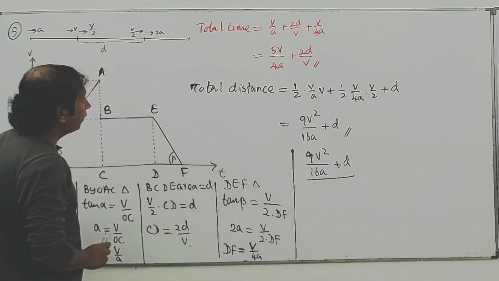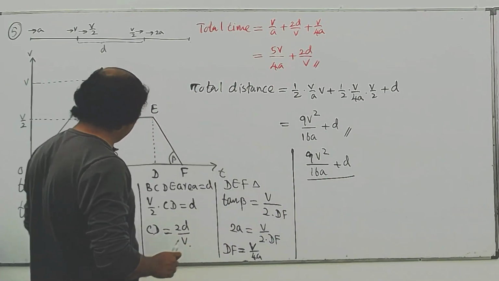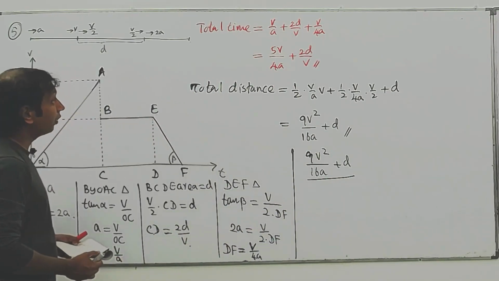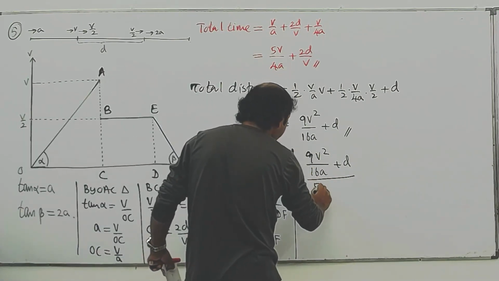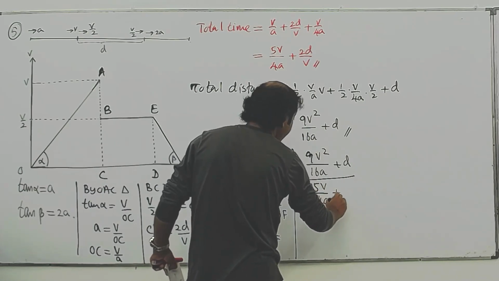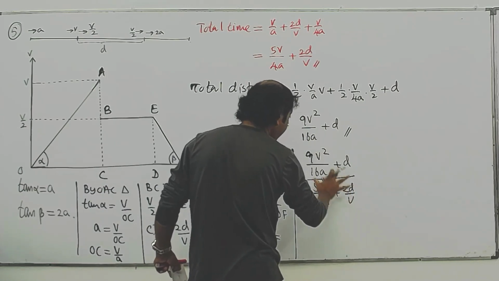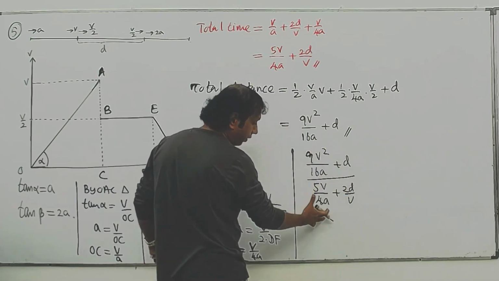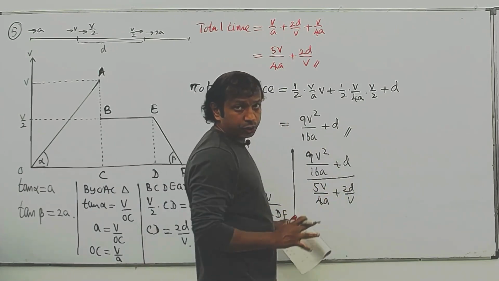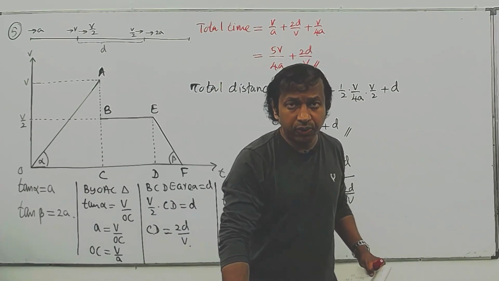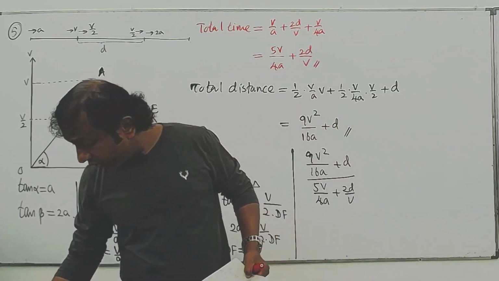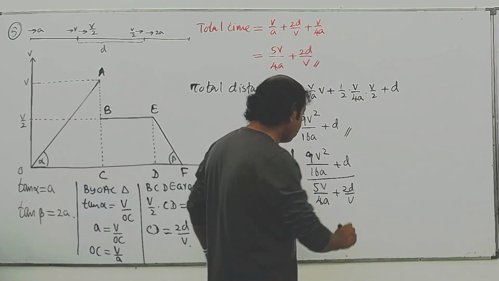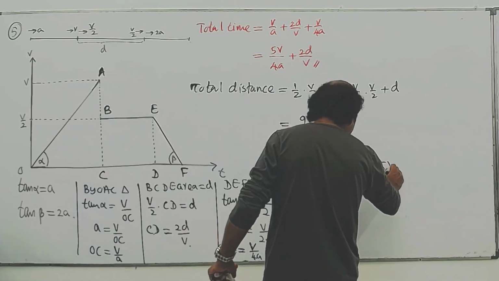Total time taken is, as we said earlier, this, no? 5V divided by 4A plus 2D upon V. This total distance traveled over the total time taken, that ratio only we define as the average velocity, no? But the average velocity is given as 5V upon 11. This should be equal to 5V upon 11.